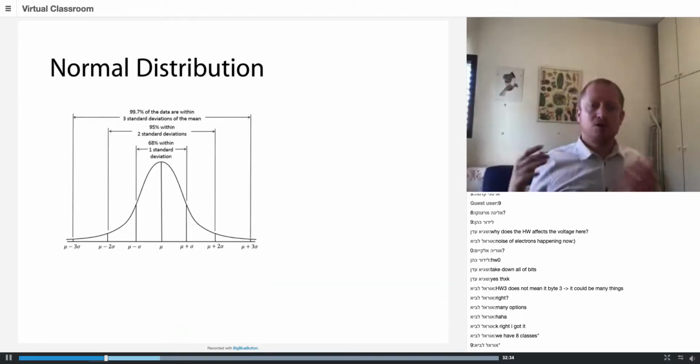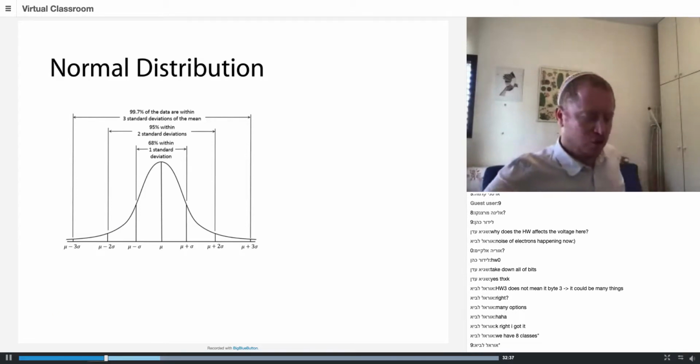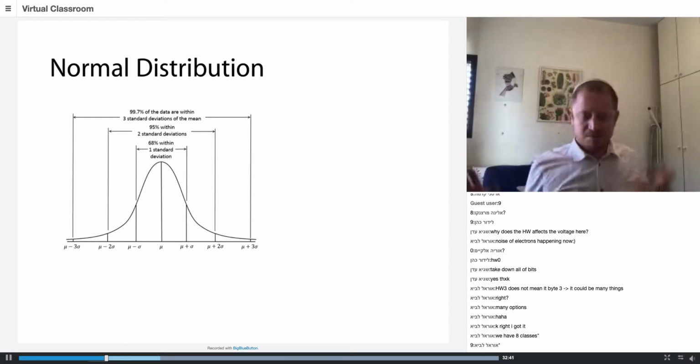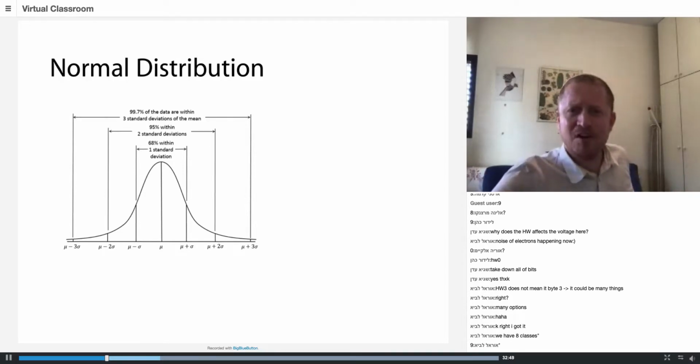And the tool which is going to help me is the normal distribution. The normal distribution is the Gaussian distribution, a very nice random variable, and very common in many situations.